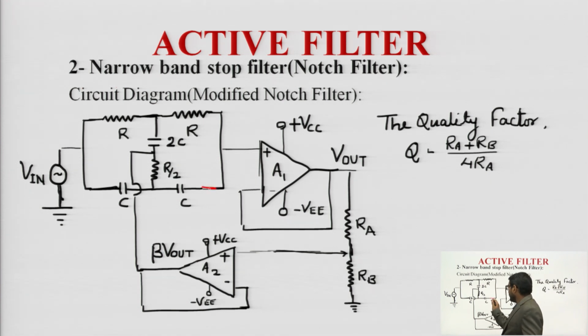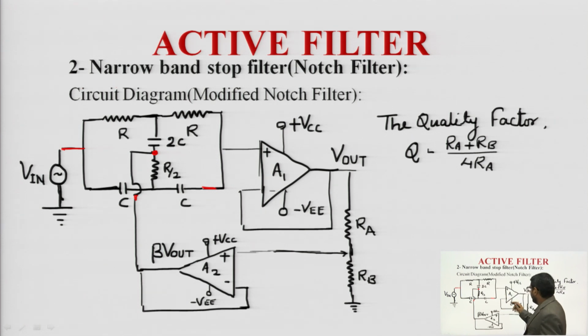Here, what do we modify in the twin T network? This is the twin T network, and in it the 2C and R by 2 are connected to ground. It is the same potential. Then we try to short it. We short these two here, 2C and R by 2. Okay.